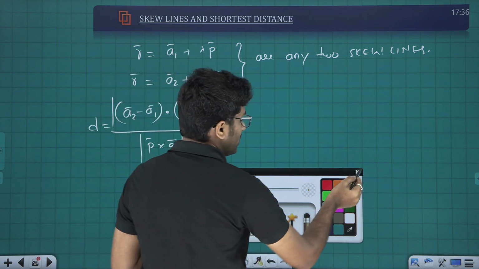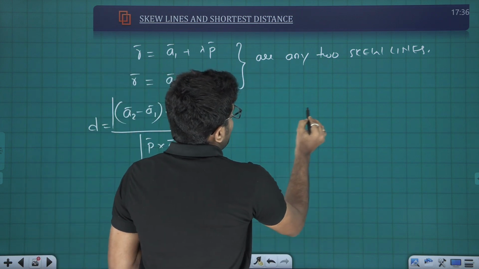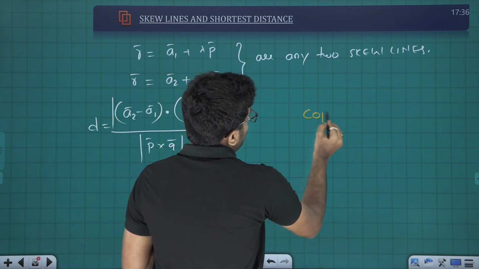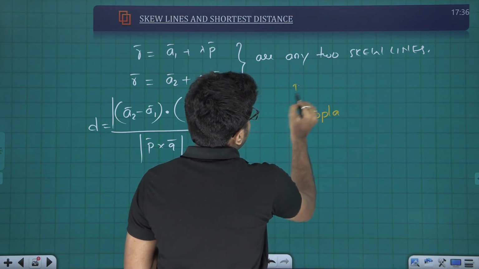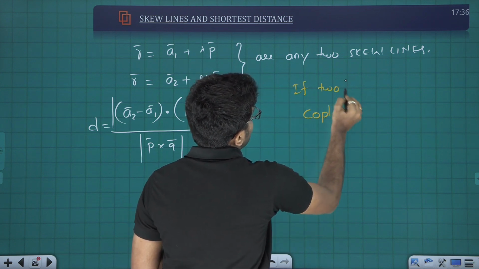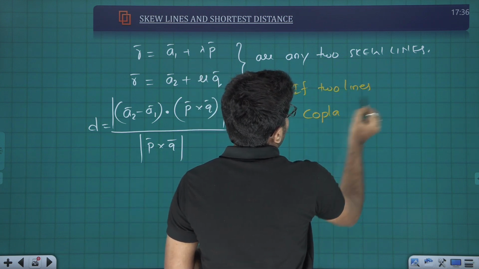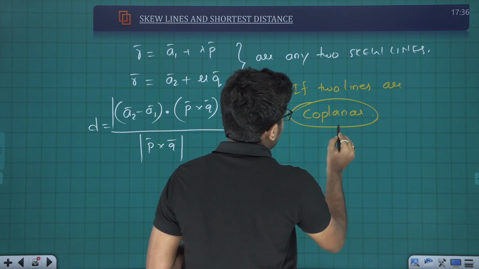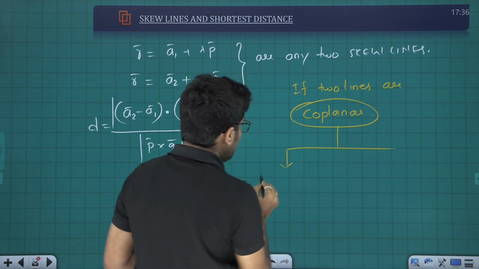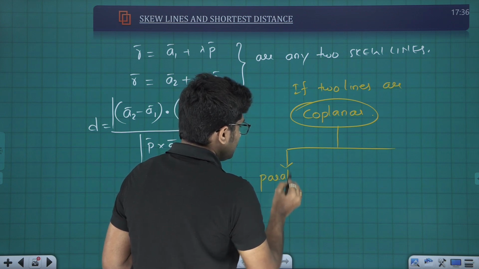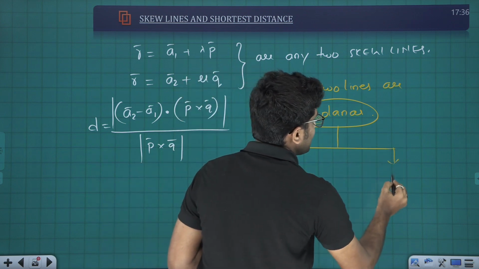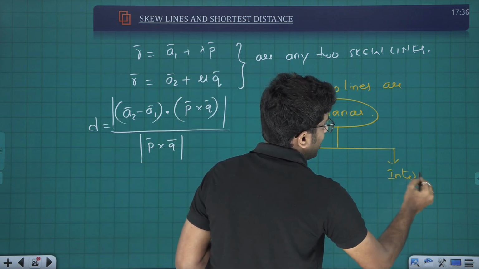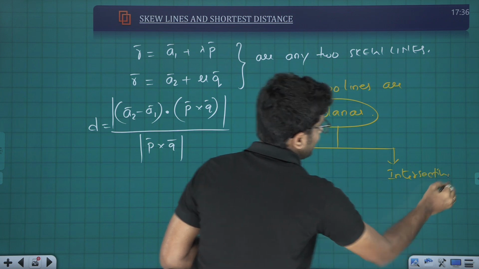And most important thing, friends, see, if two lines are coplanar, then that means they can only be either parallel or intersecting, correct? Two coplanar lines can either be parallel or intersecting.